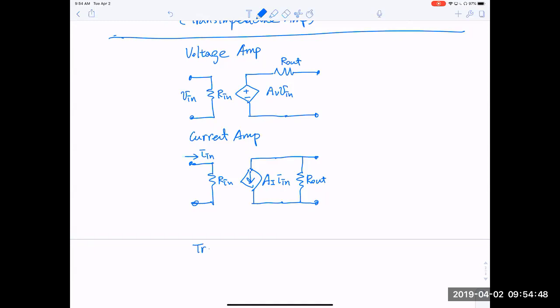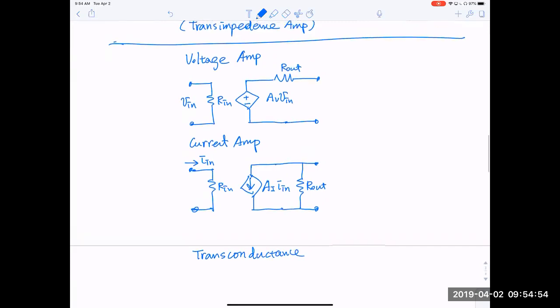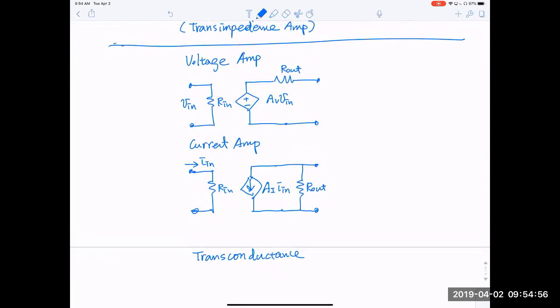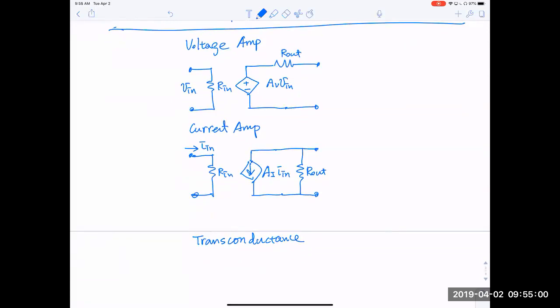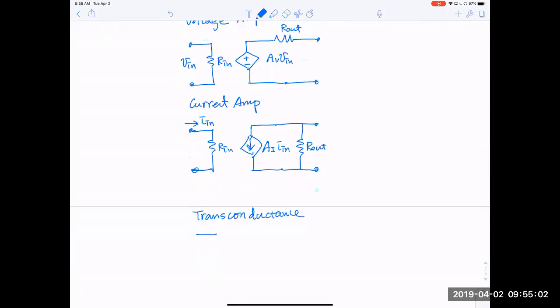So the transconductance amplifier, as you can imagine, the input is voltage. Actually, all input ports look kind of similar. So the input port is R in, and we have V in here, but the output will be a dependent current source.